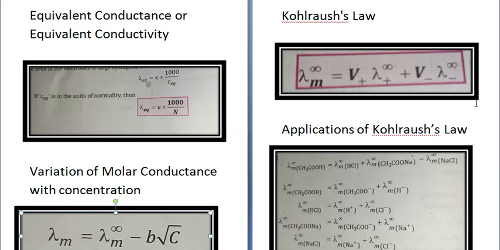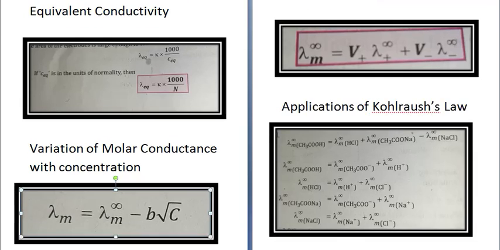So we have to study about the applications of Kohlrausch's law. Now the first is for determination of lambda m infinity for weak electrolytes. For example, the molar conductivity of a weak electrolyte like acetic acid at infinite dilution can be determined by knowing the lambda m infinity value for strong electrolytes like HCl, sodium acetate and sodium chloride.